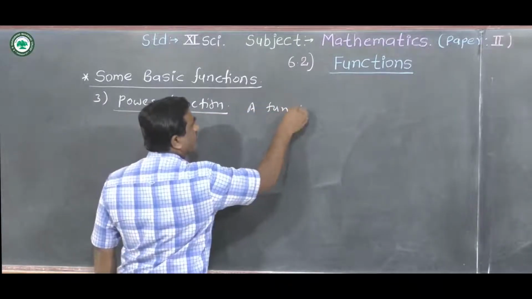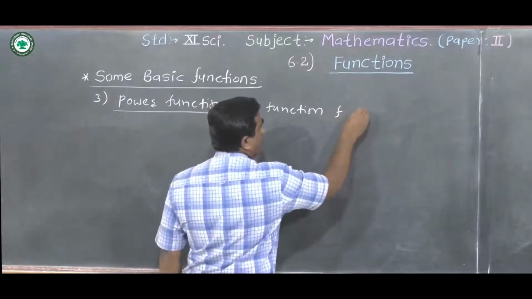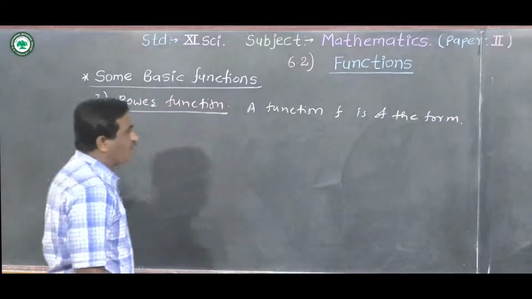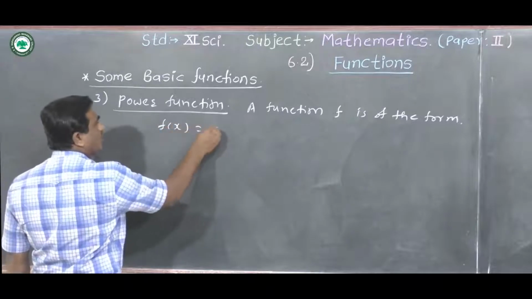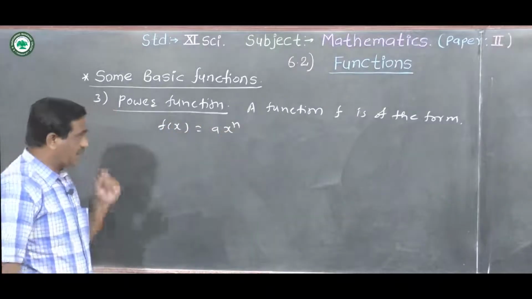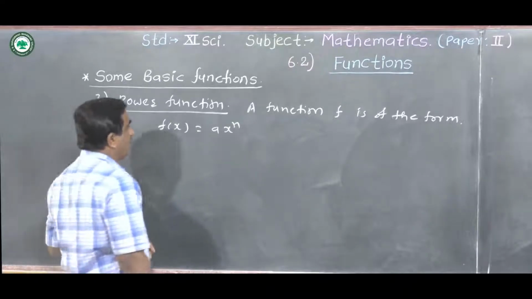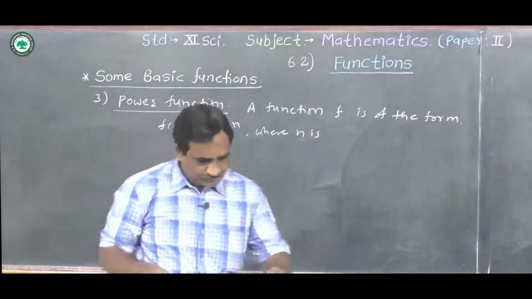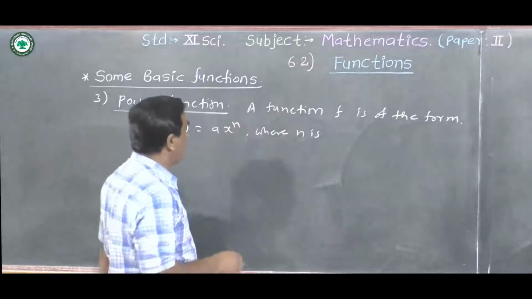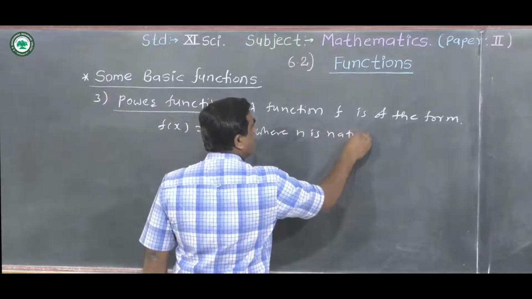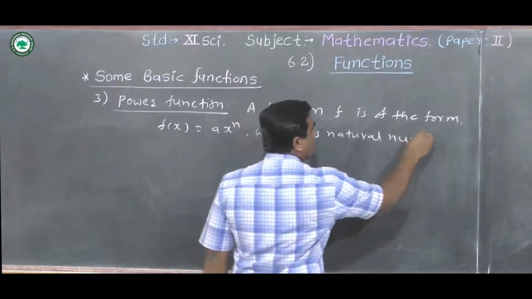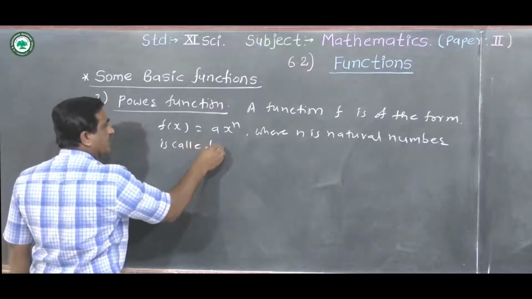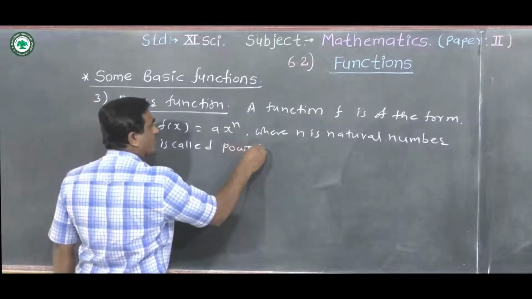A function f of the form y is equal to f of x, or f of x is equal to a into x raised to n, where n is any real number or any natural number, and this function is called a power function.